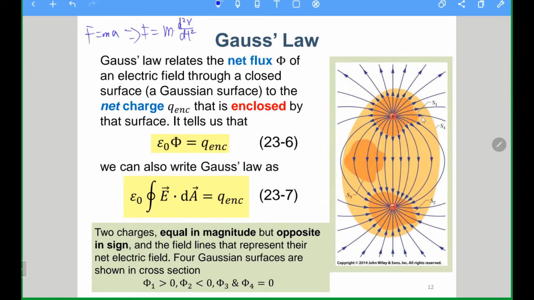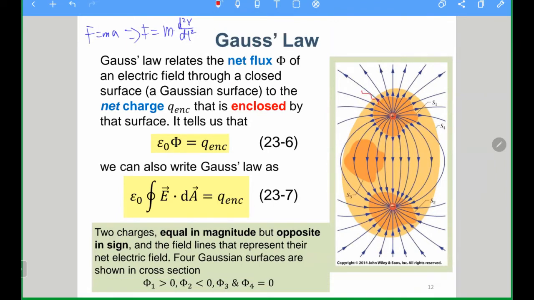Okay, so here it tries to tell you something. It says two charges equal in magnitude but opposite in sign. So you can see this is one charge, and this is another charge. Maybe you can call this plus Q and this negative Q. Maybe I use another color, red, so that you can see it more clearly.